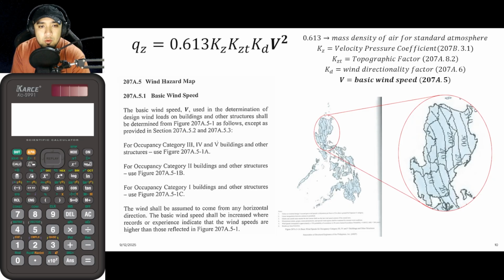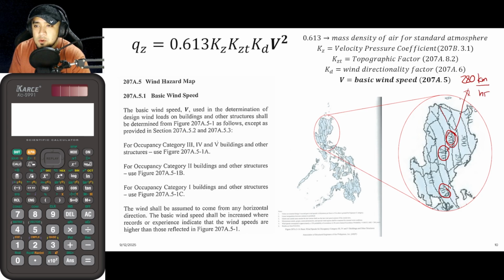If you are to look closely in your NSCP, we actually have numbers here. So I think this is 270, this is 260, 280, and etc. So for example, if your structure is located along this line here, which says 280, this 280 here stands for 280 kilometers per hour.